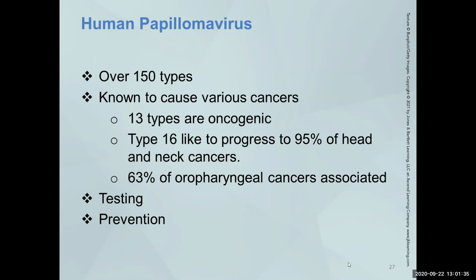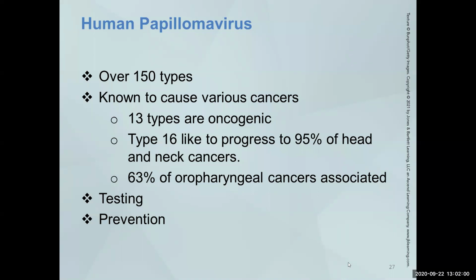There are 40 types of HPV that can infect the genital areas of both men and women. It can also infect the mouth and the throat. So types 16 and 18 are the ones that we are really concerned about, but 13 types can cause cancer.